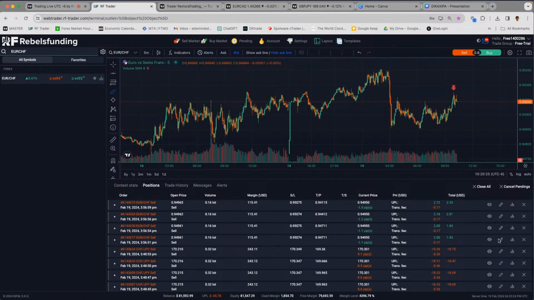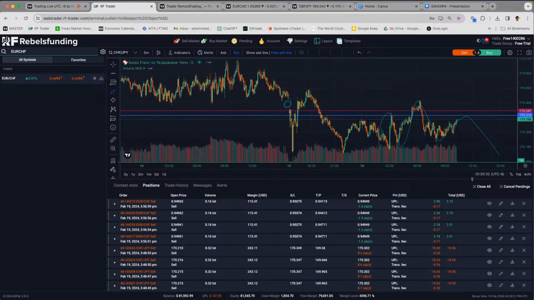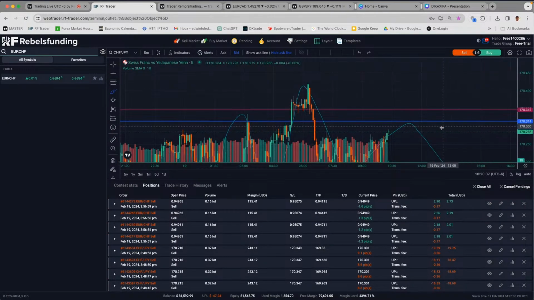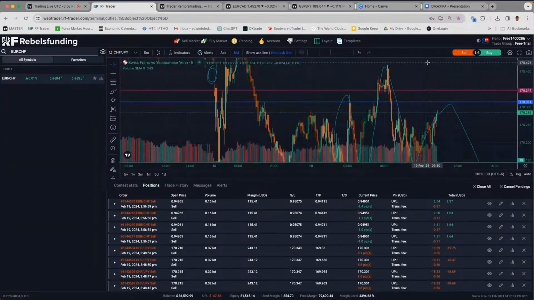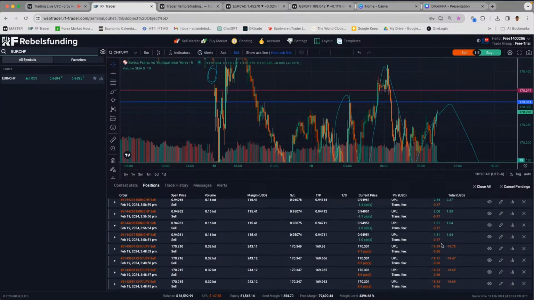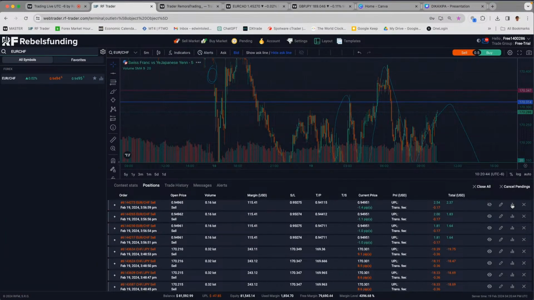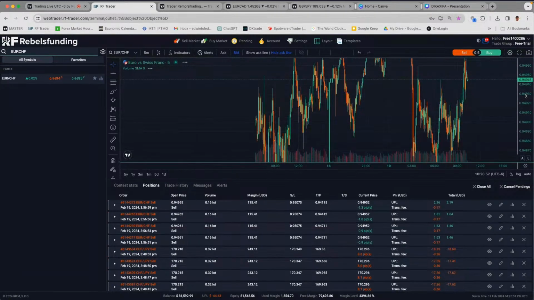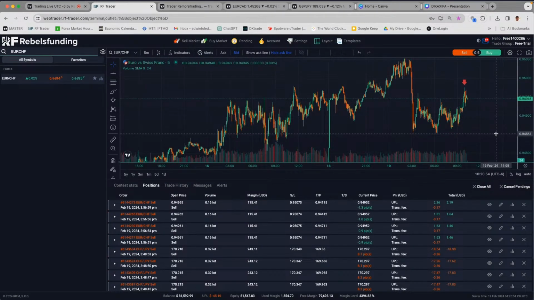CHF Jan is going very badly against, but kind of forming a head and shoulders, and Euro CHF, I don't know. This one is confusing, actually.